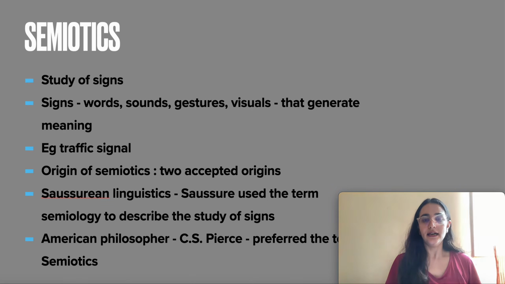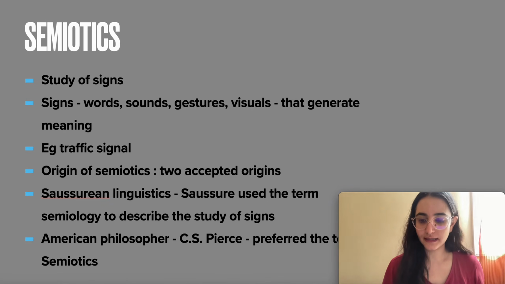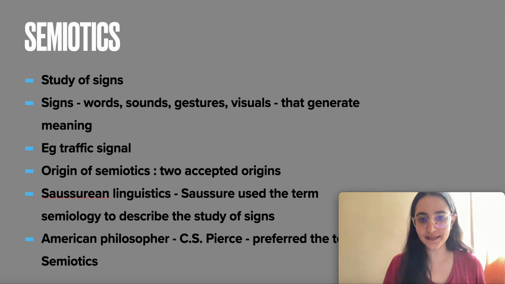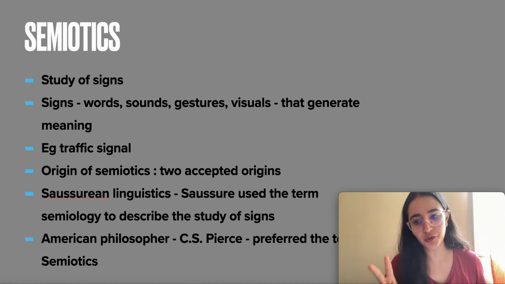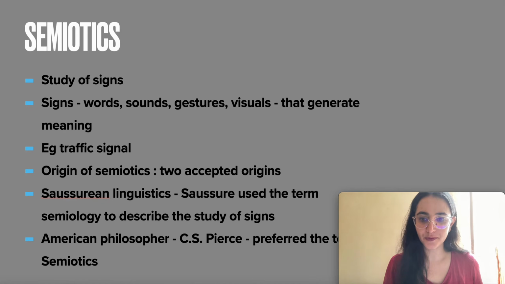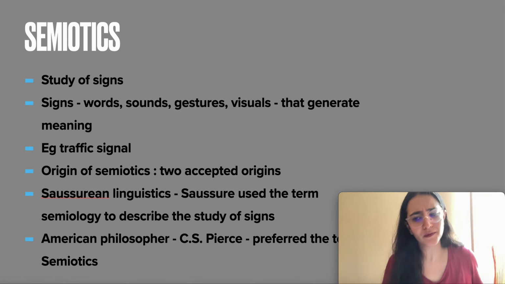What about the origin of semiotics? We have two accepted origins. The first one we've already covered: we talked about Saussure and signifier and signified. That is semiotics.